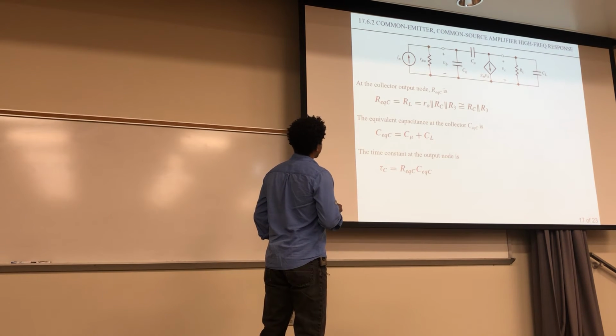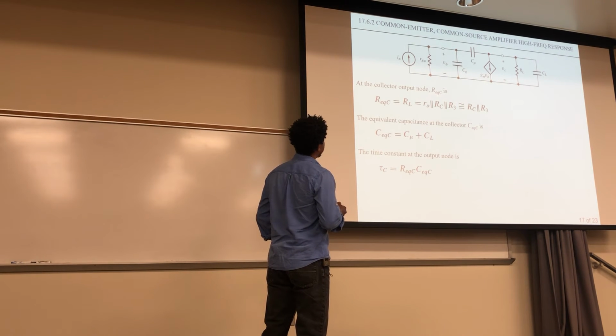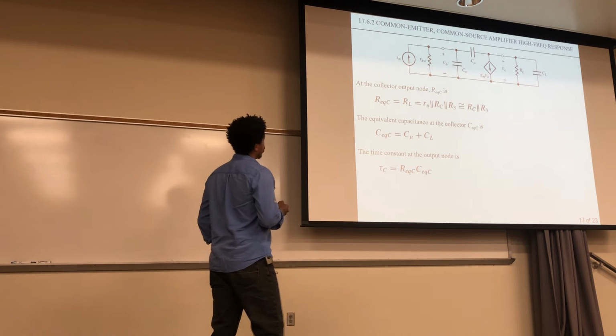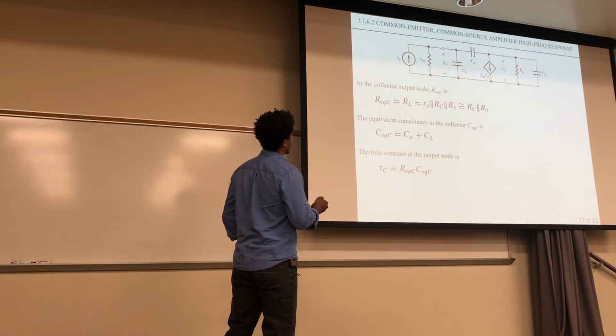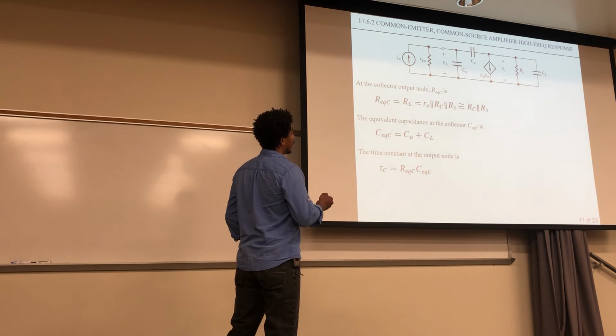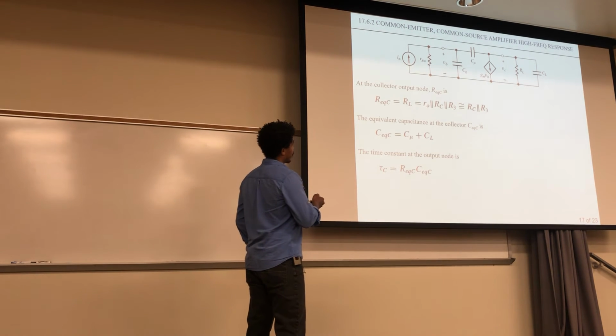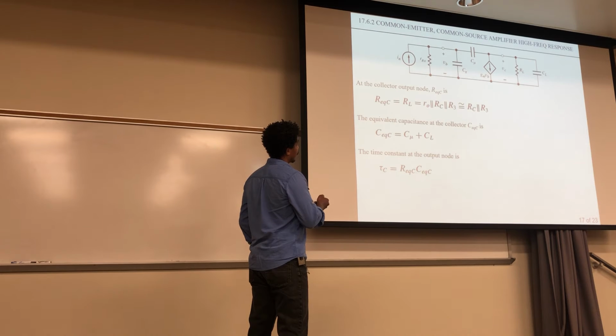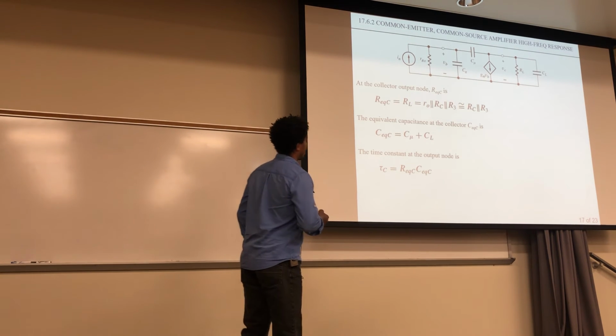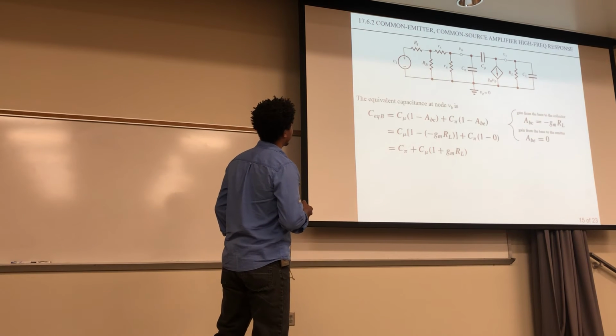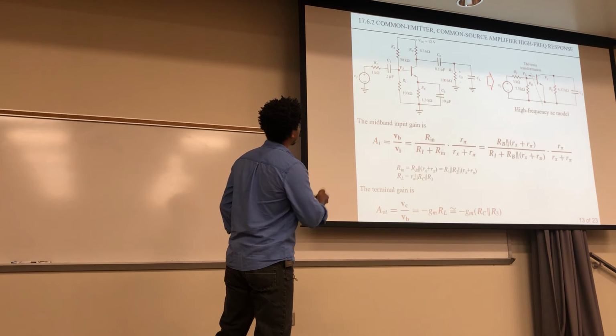Now, at the collector output node, REQC is just going to be RL right here. And remember, this RL has all this other stuff thrown into it. It has the small signal output resistance, and it has the RC and R3. I have a picture of that. So here's R3 right here, and here's RC.